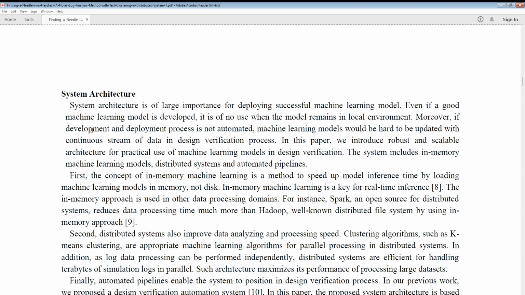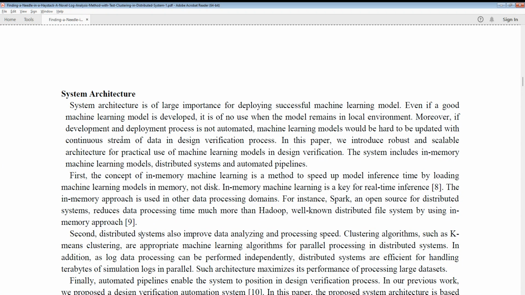Moreover, if the development and deployment process is not automated, machine learning models would be hard to update with a continuous stream of data in the design verification process. In this paper, we introduce a robust and scalable architecture for practical use of machine learning models in design verification.